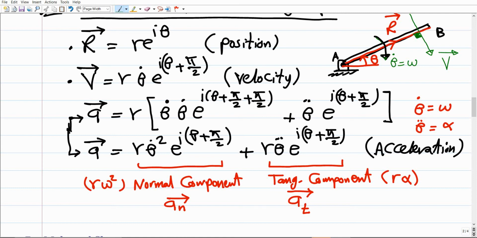What is theta? This is the direction of the position vector. We're going to shift by 90 degrees. This pi over 2 would be added or subtracted, by the way, depending on what? Depending on the direction of alpha.